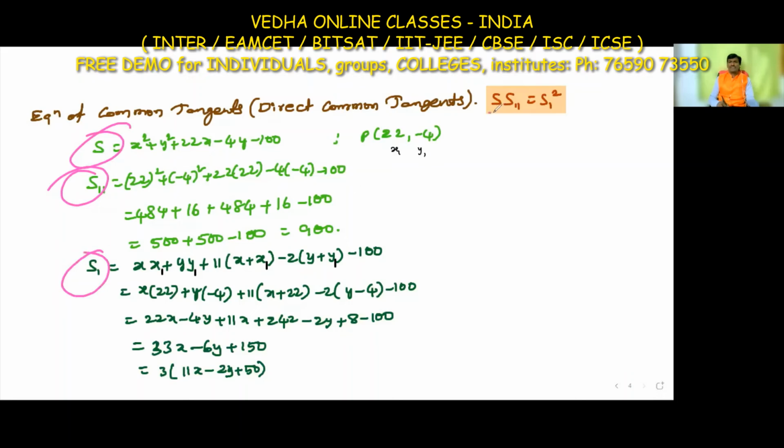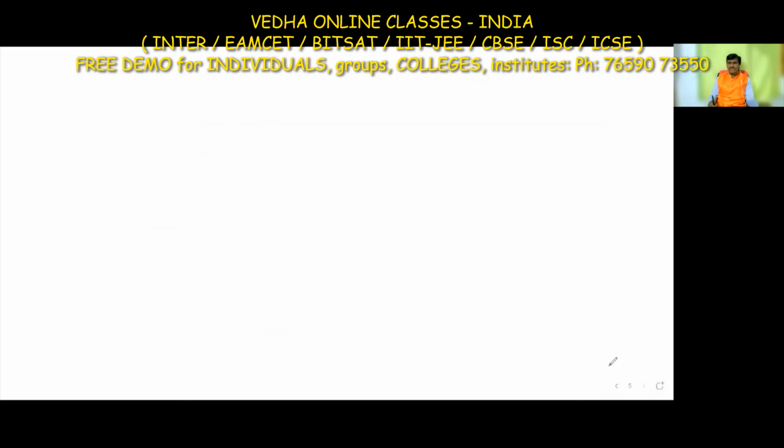So what is the formula? S into S double one equals S1 square. We can substitute and get the answer here. So now the equation of the direct common tangent.